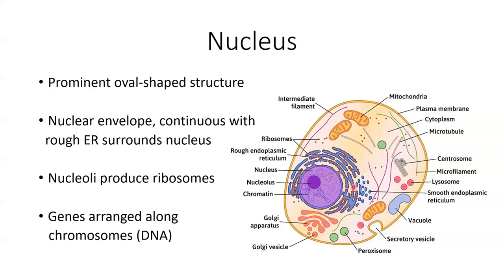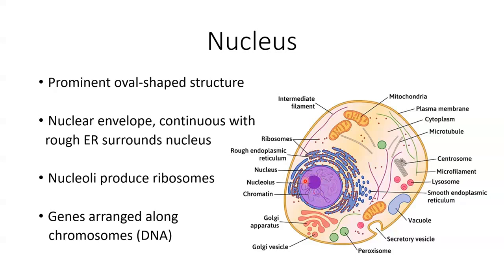Now, extending through that nuclear envelope, which I'll show you more closely on the next slide, are openings, which we call nuclear pores. Nuclear pores control the movement of substances between the nucleus and the cytoplasm. Inside the nucleus are one or more spherical bodies or circle-shaped structures called our nucleoli, or our nucleolus for a single.